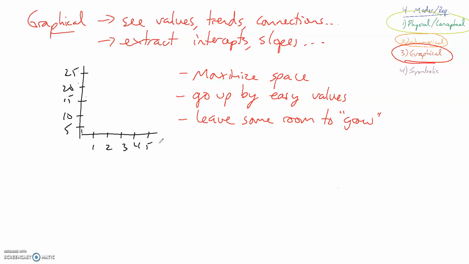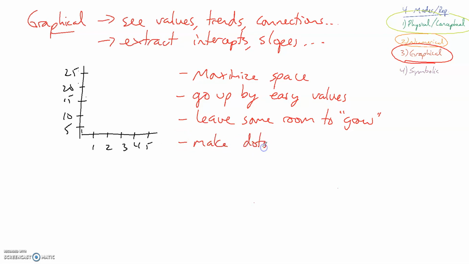It's nice to have a little bit of room to make the graph a little bit bigger if you want to. So go up by easy values, but give yourself a little space. Not too much space where it's going to squish your graph really, really small. You want to maximize that space as best you can, but also leave a little bit of room to make it work well.